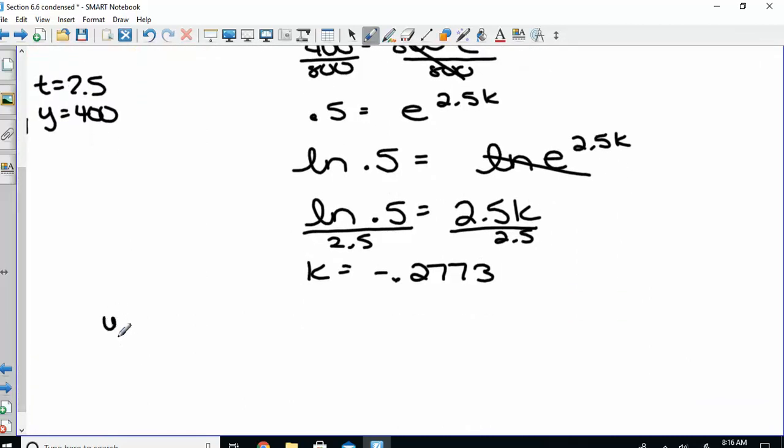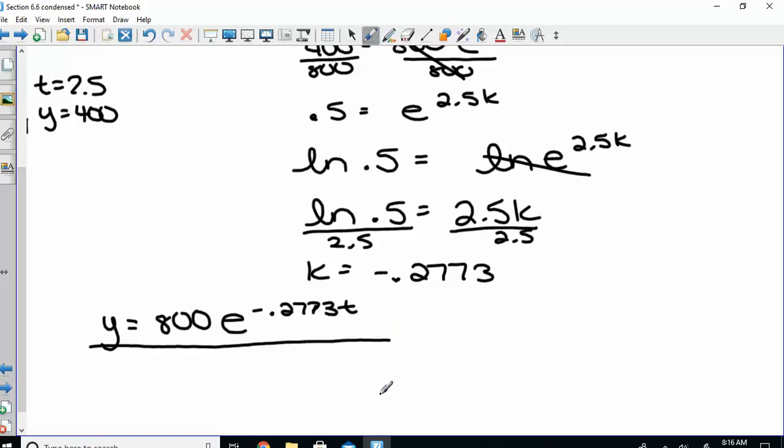What this is giving me is my actual equation. Now I know my K value. So we can find the amount we have at any given point in time by using this equation.